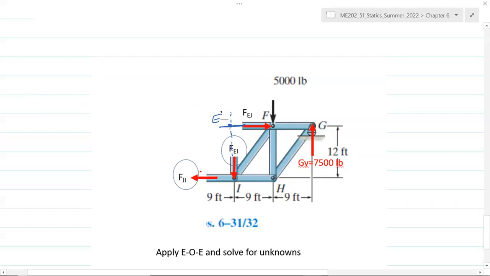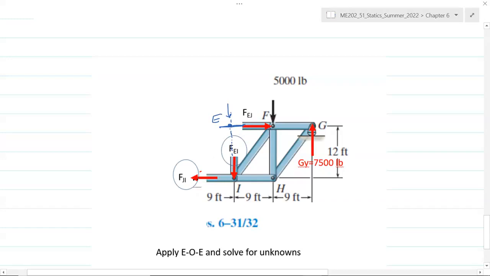First, we can apply the sum of moments equation at E. Even though E is not on the right side of the section, we can still write the equation of moment at E, because these two members meet at E. So we don't need to consider the moment because of Fei and Fej, because those two forces do not result in any moment at E, as there is no perpendicular distance.